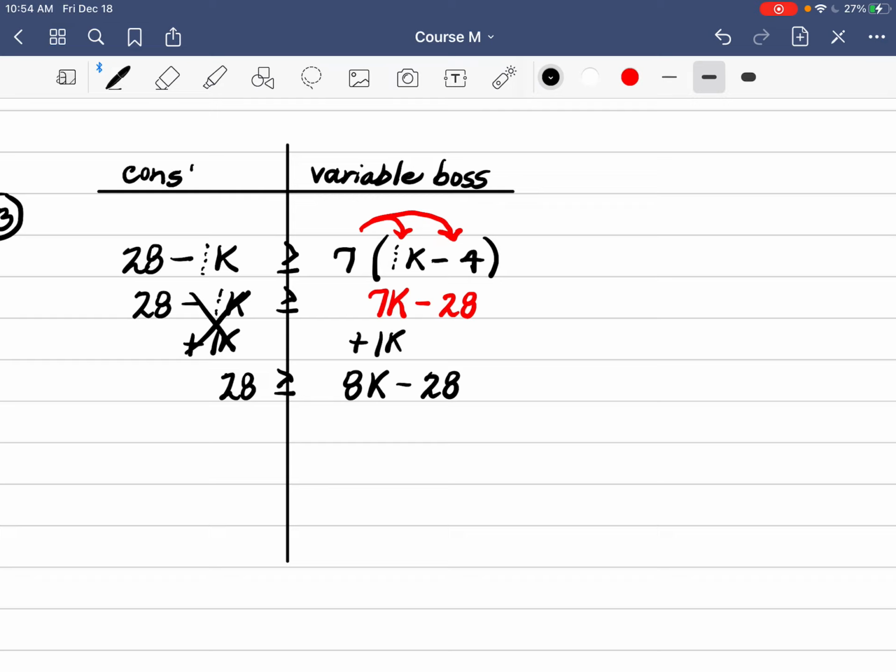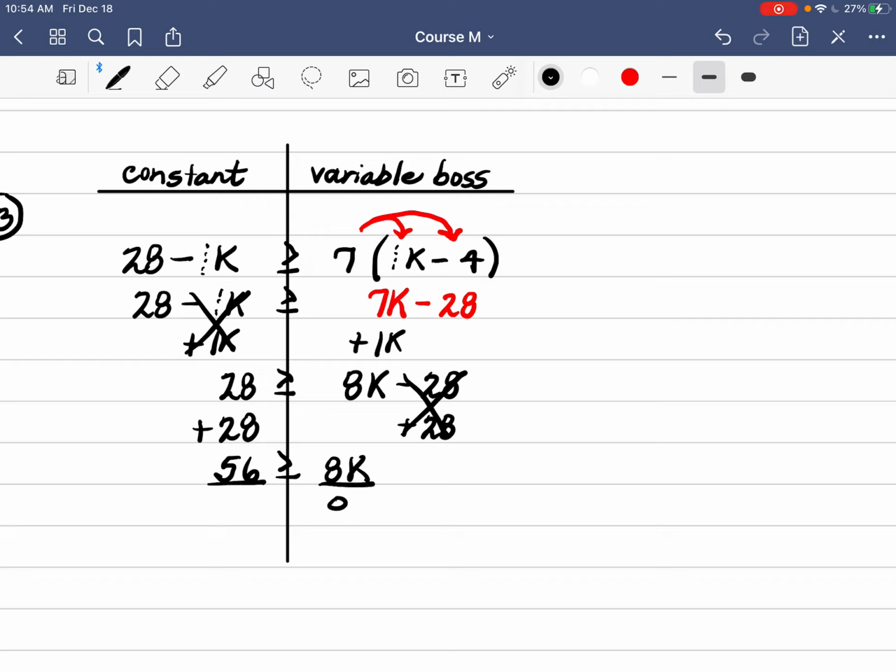So here's the constants team. And I'm going to add 28 to both sides, cancel. I get 56 is greater than or equal to 8k's.